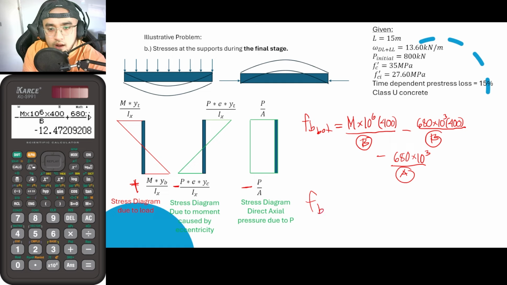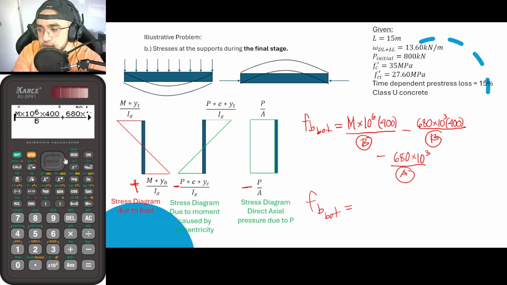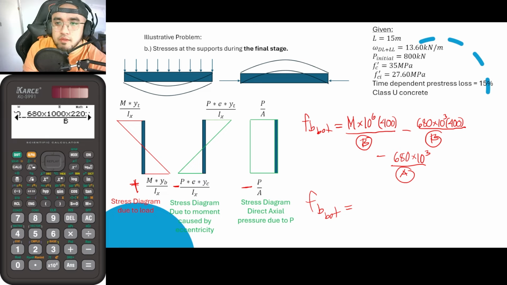Coincidentally, I would just change the signs in my calculator. So this would now become positive. So M times 10 raised to 6 times 400 divided by B plus, so this should now be negative, minus 680 times 10 raised to 3, or times 1,000, times, oops, sorry, I forgot the eccentricity here.